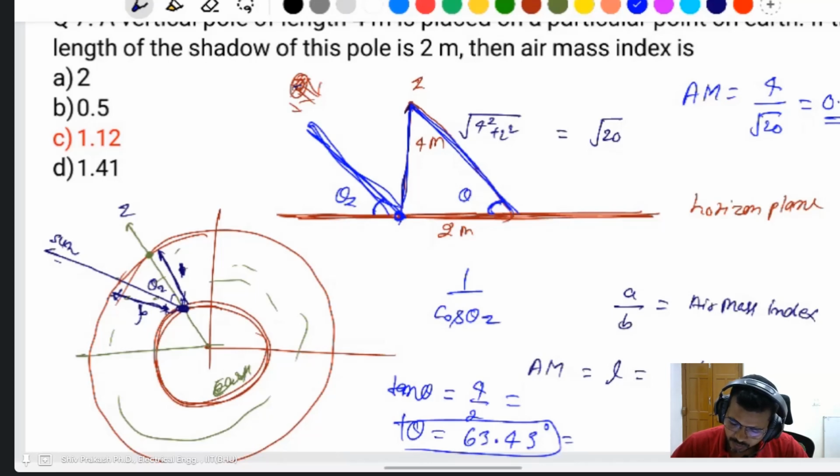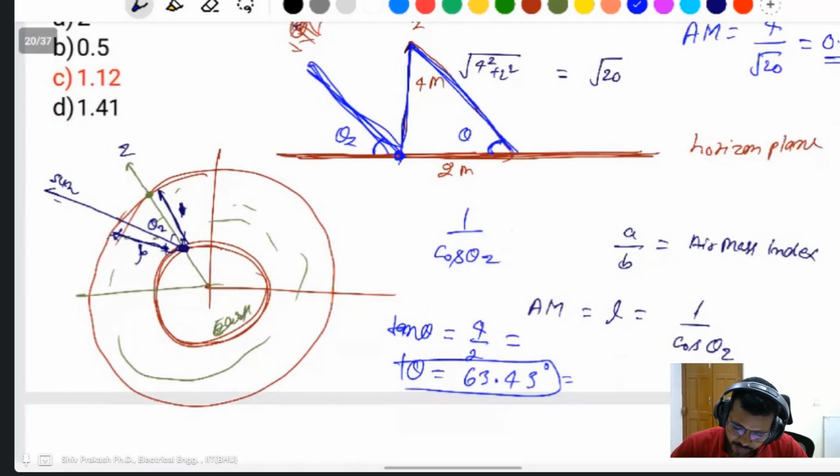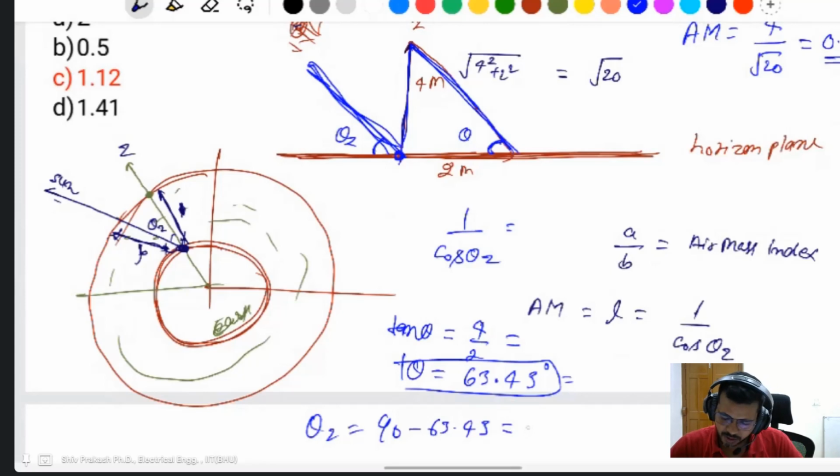Or, theta z will be 90 minus 63.43. So we can do it the other way also. I think it's 26.57 degrees.